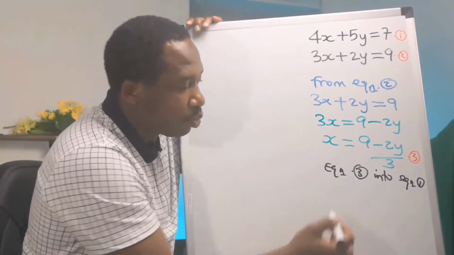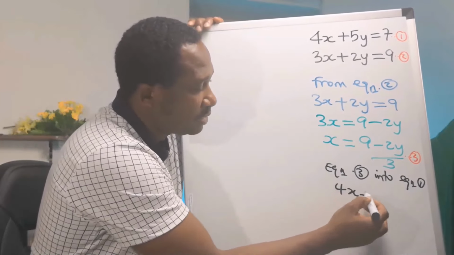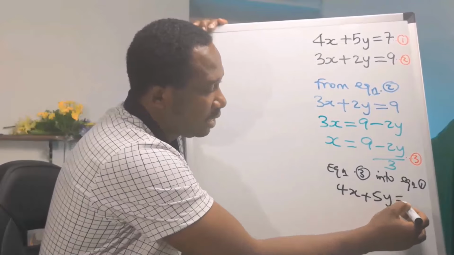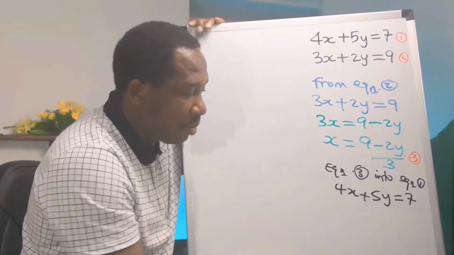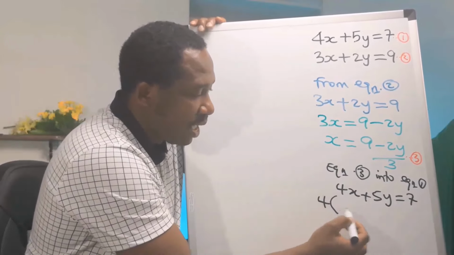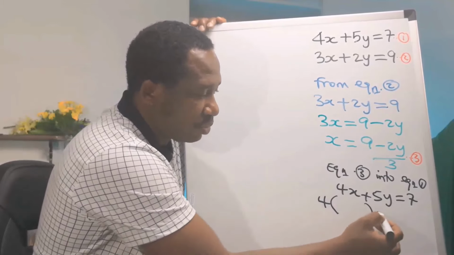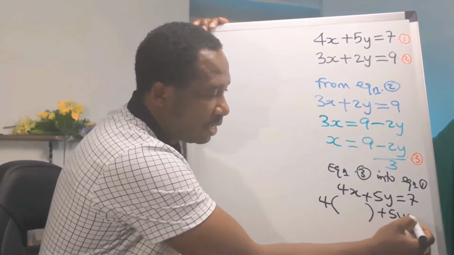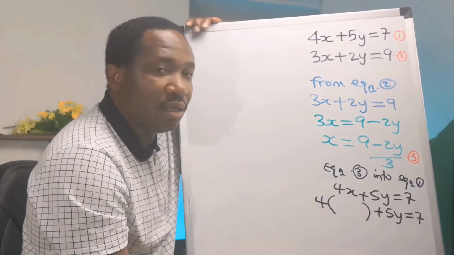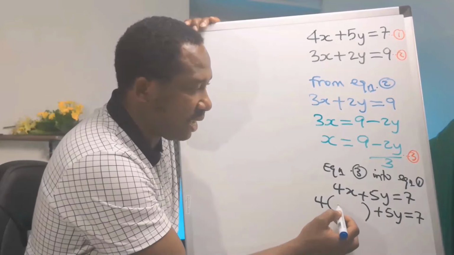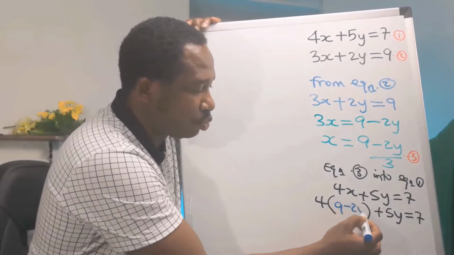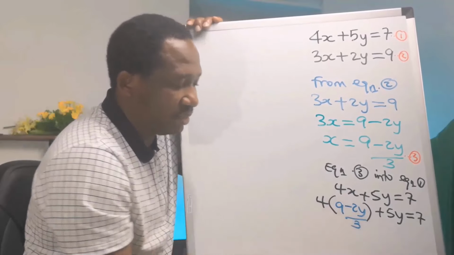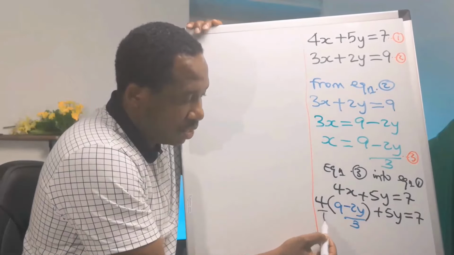In equation 1, we have 4x plus 5y is 7. I will have 4x as a value plus 5y is 7. The value for x is 9 minus 2y divided by 3, which is like over 1.